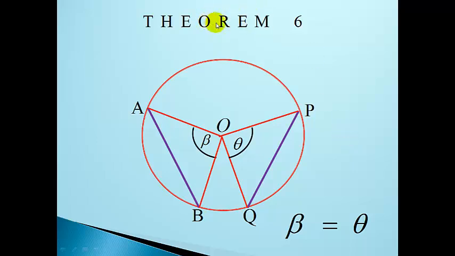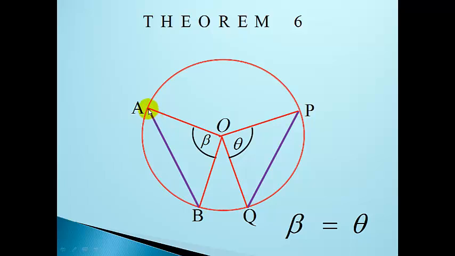Now let's look at theorem 6. AB is a chord. PQ is also a chord, and this is a circle with center O. The angle that the chord AB sustains at the center is beta, and the angle that the chord PQ sustains at the center is theta.